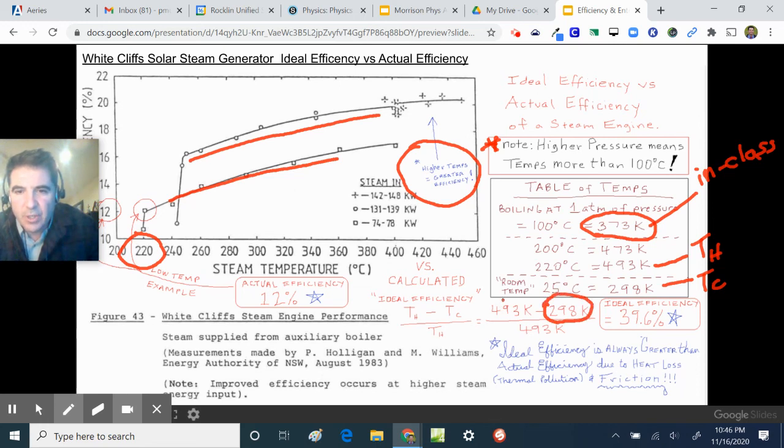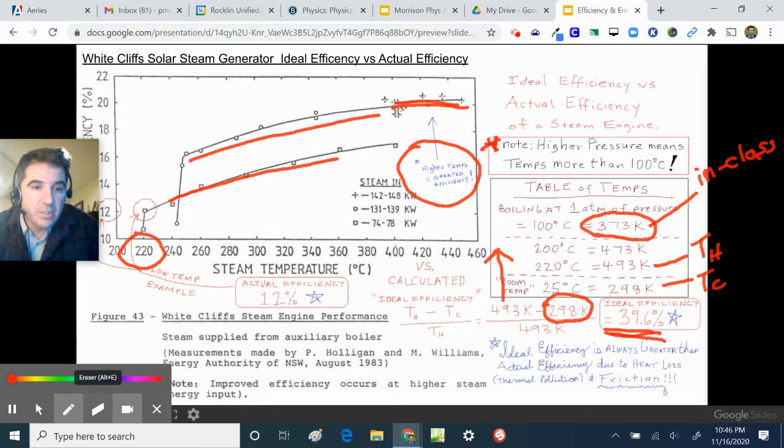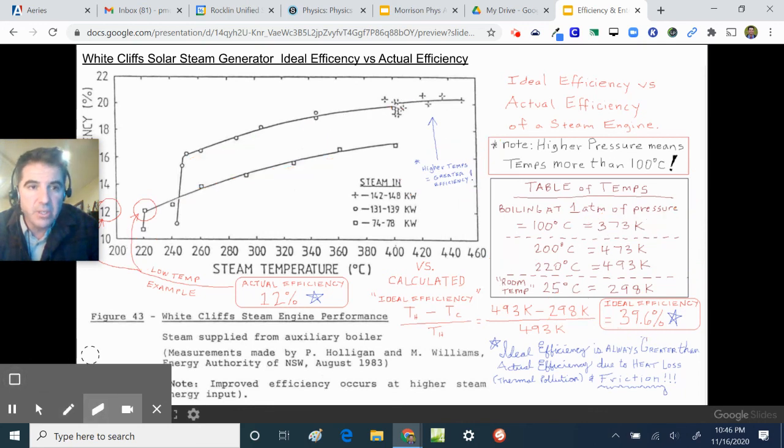So as you increase this, your efficiency will also increase, but to a point. If you get too hot, the thing is going to blow up, so you've got to be careful with that, right? It rises and then flattens out at the end. So maybe this machine is getting to the point where it's saying, hey, don't go any hotter. Anyways, let's see if we can use these things to answer the quiz questions.